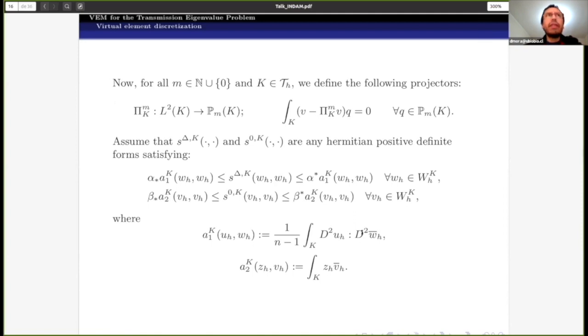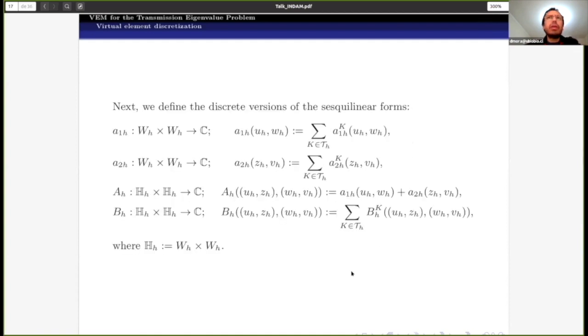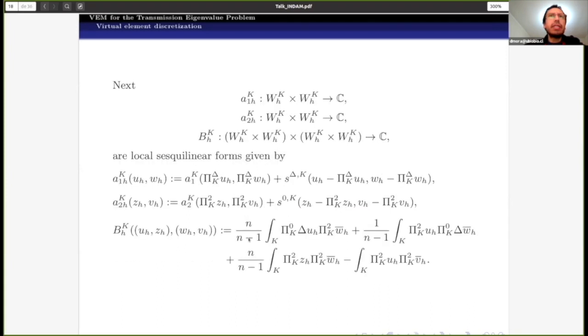So we have the Hessian and the L2 inner product. Then, as soon as we have the approximation, we are going to build the global sesquilinear form A in this way and the global sesquilinear form B in this way. Remember that the discrete space is the same for both variables.